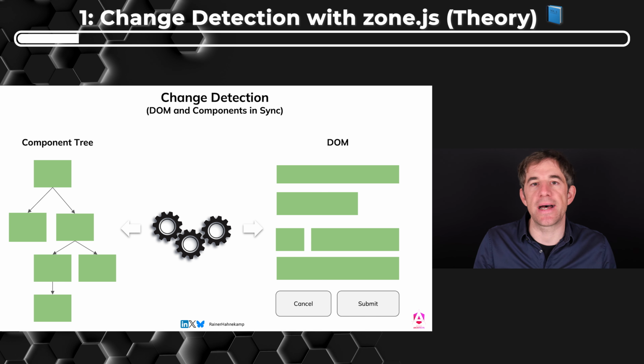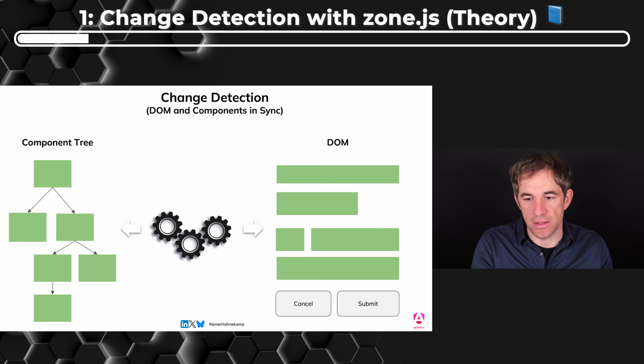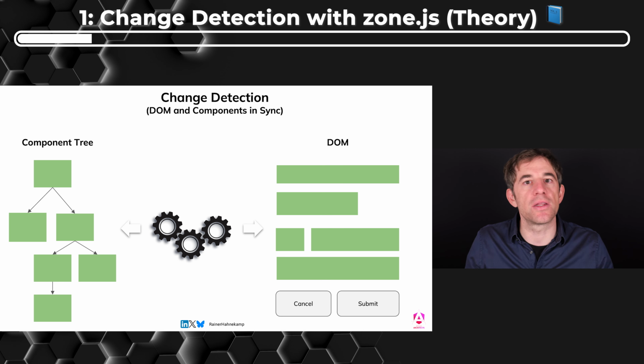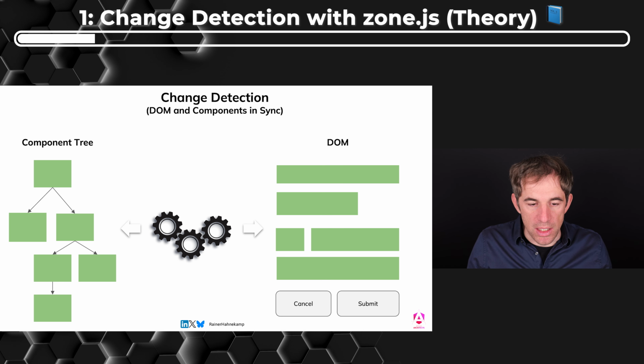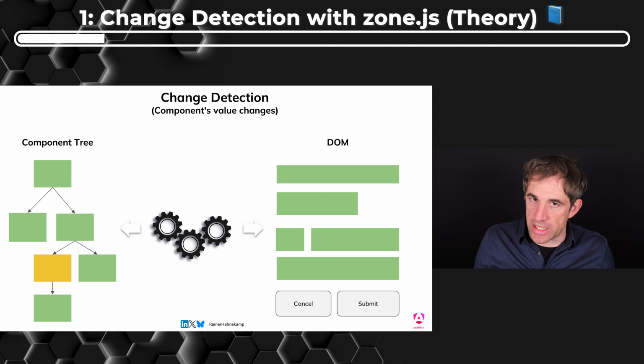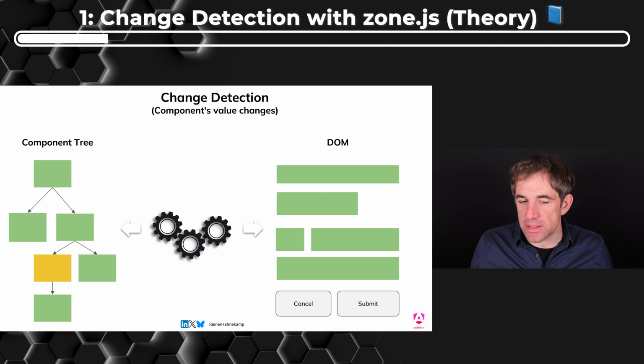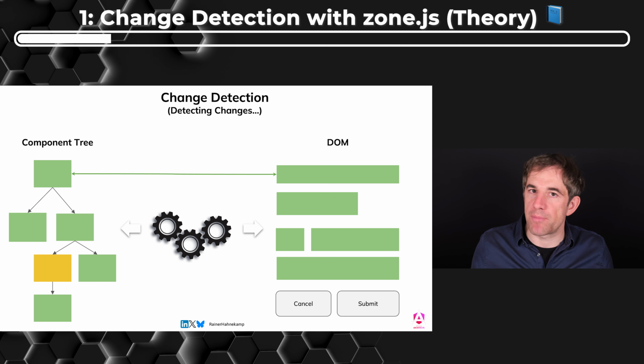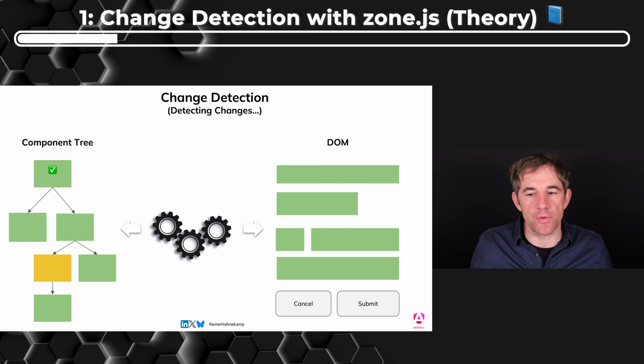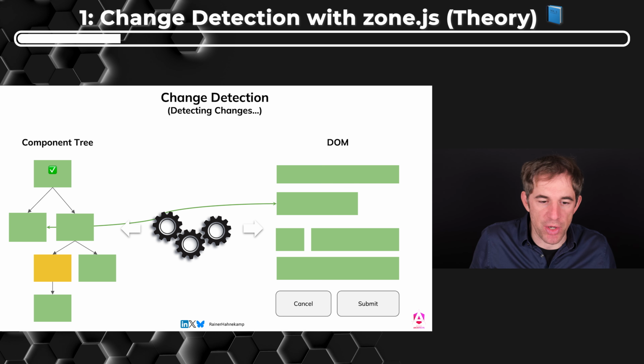So it starts at the very top at the app component, and it checks if the values in the class are still the same as they are in the DOM. And then it continues to do this. So as we see here, we have a change in one of the lower components, but it still starts with the app component at the very top. It checks it, says, yeah, wonderful, no change there. Why do I have to change anything there?